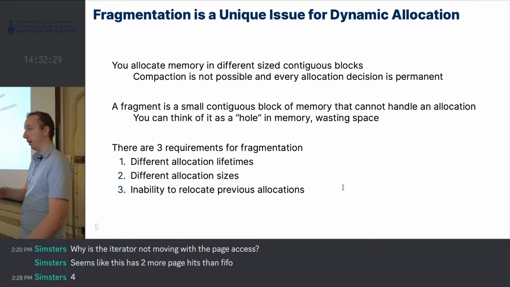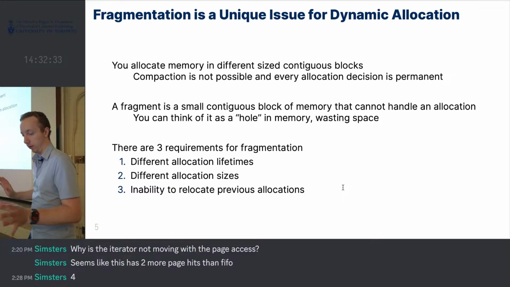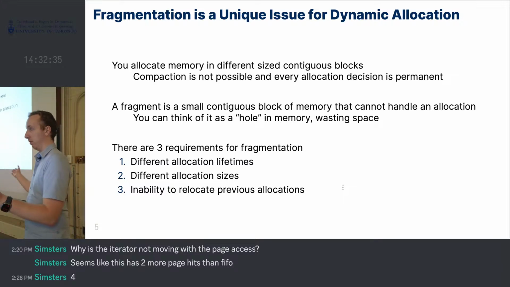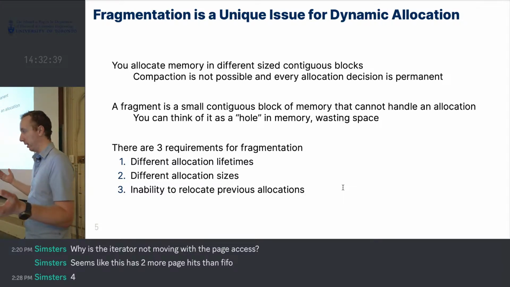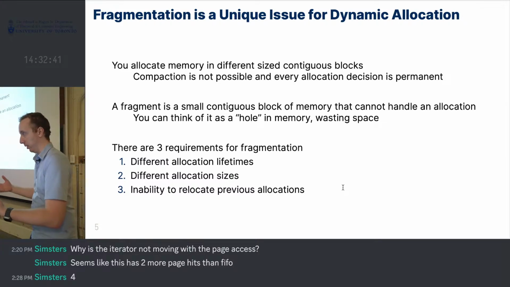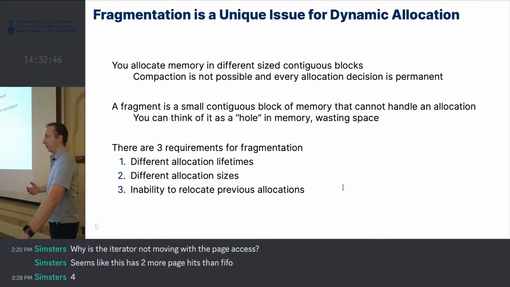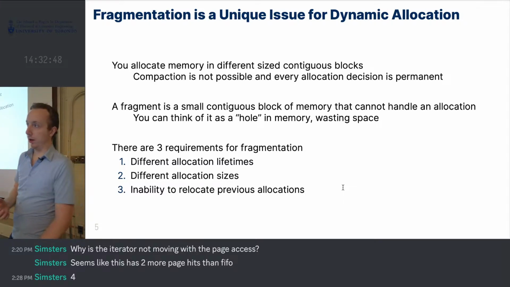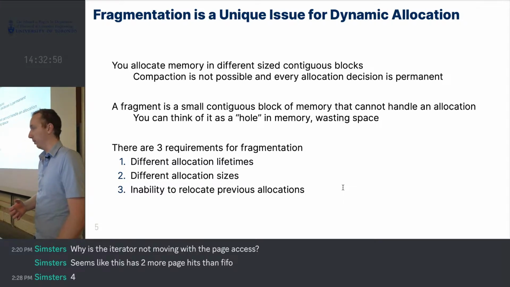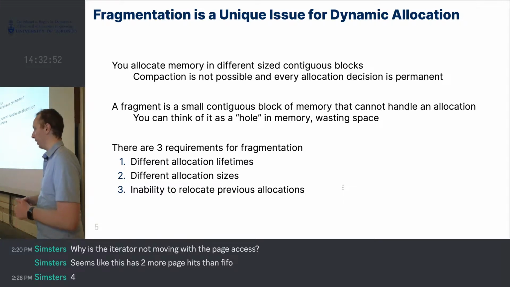As long as it updates all of the addresses and makes sure everything is consistent, it's allowed to move memory around. So I could just move all of my allocations together at some point in time and make everything right next to each other and not waste any space. So any questions about those 3 conditions? They all 3 have to be present in order for fragmentation to happen.